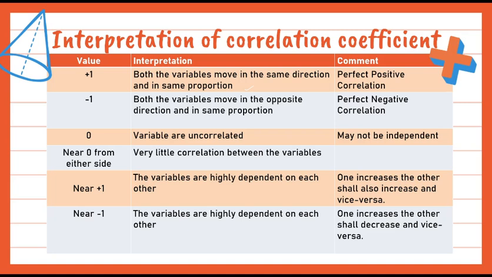Now, if the value of the correlation coefficient is -1, it means that both the variables will move in the opposite direction. That is, if one increases, another will decrease, and this decrement will take place in the same proportion. In such a case, we encounter what is called a perfect negative correlation.